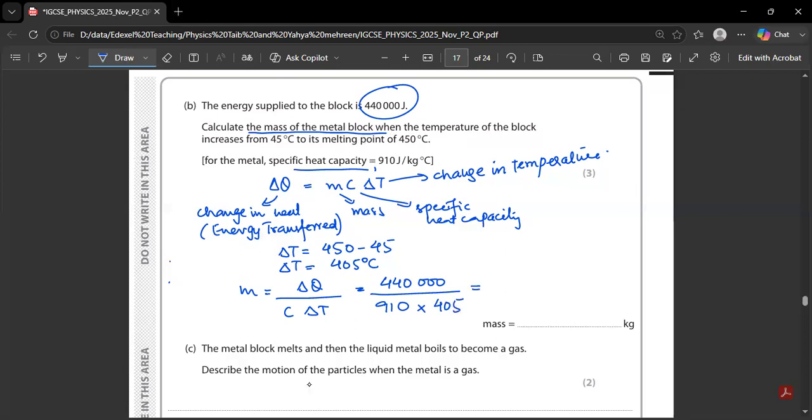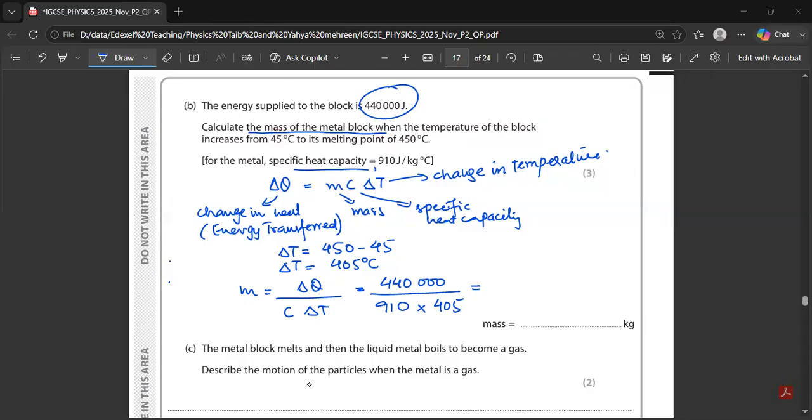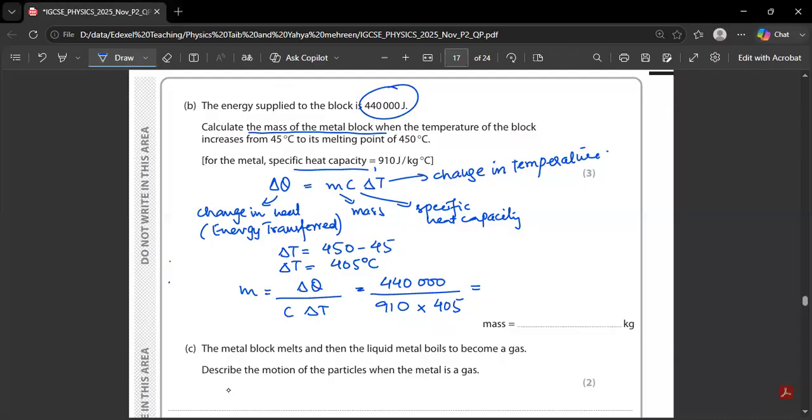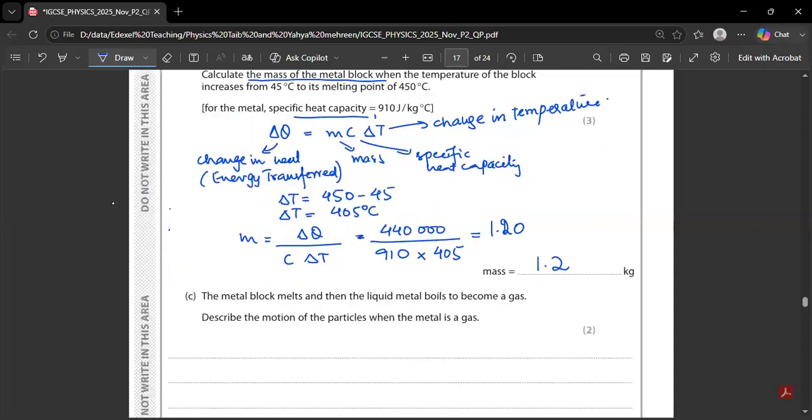So what are we getting here? 440,000 divided by 910 and then divided by 405. 1.19, which is going to be 1.2 kilogram, the unit is already mentioned.